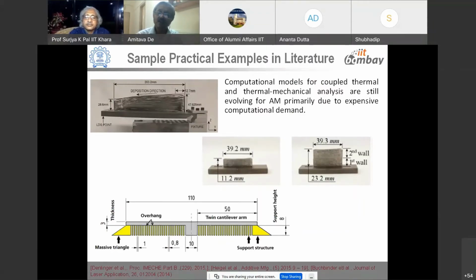So as of date, samples like these are all that can be modeled, not more than this. And if you see the sizes, these are nothing compared to the parts that we are dreaming to not only build, but to know how they will work if we build them, that is, predictive models. However, this is progress towards that.